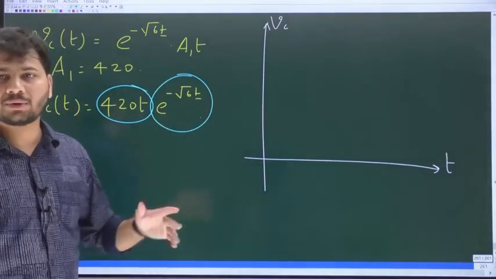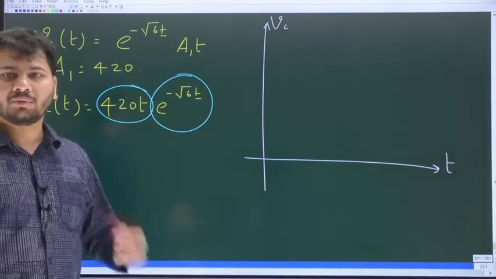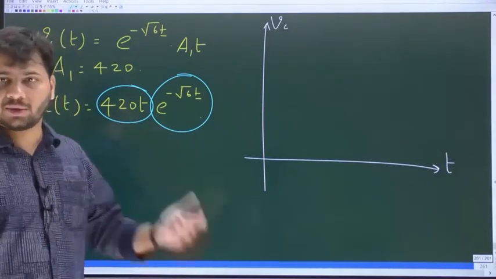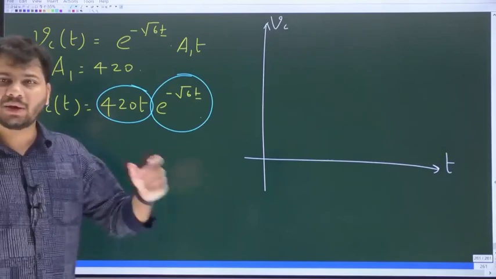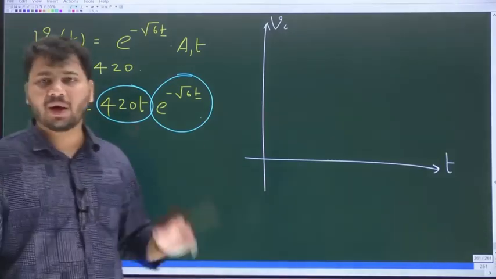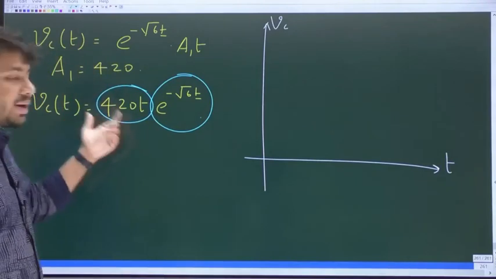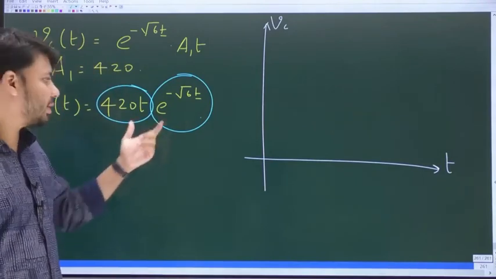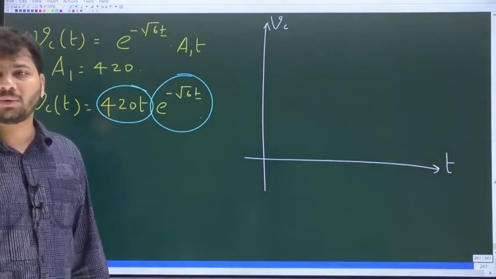So when you multiply these two functions, how does this product vary with time? Initially, for very small values of time, 420t will be the dominant function as compared to e power minus root 6t.